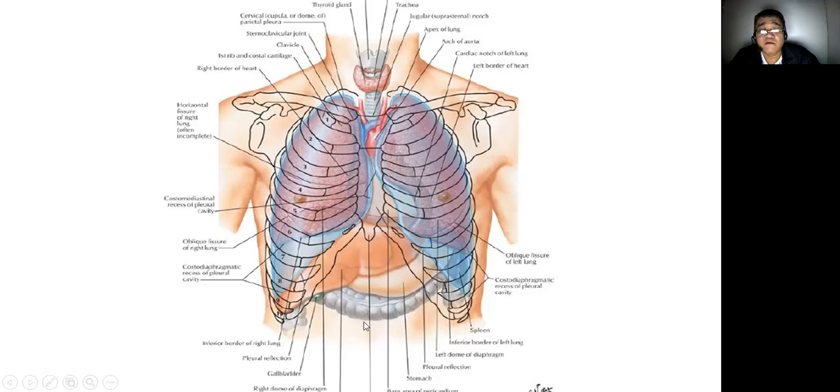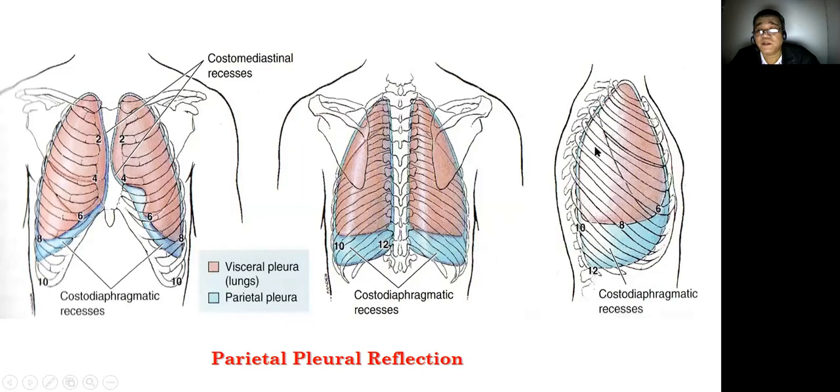Okay, and posteriorly it can go as deep as the level of the 12th rib. So this is the extent of the costodiaphragmatic recess.